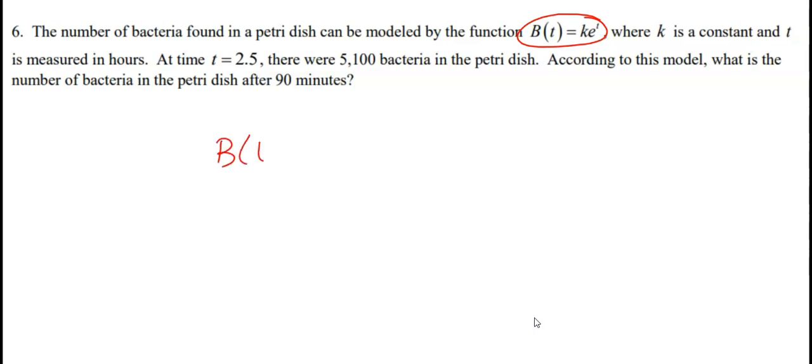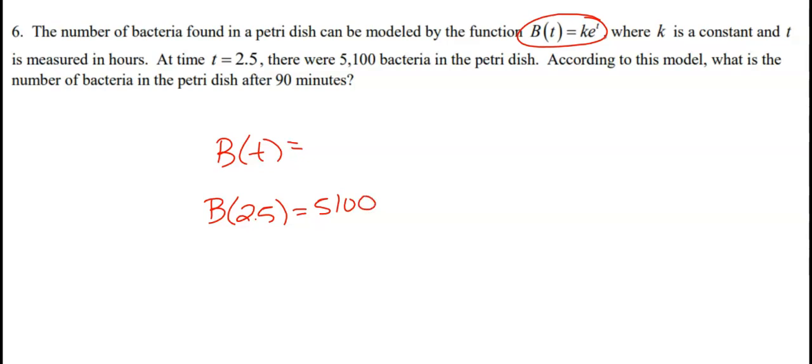So we're going to do b of t equals our starting value, which we don't have yet. So actually what we're going to have to do is use what we do have. We do have the amount of bacteria at time equals 2.5, and that is 5,100 bacteria. Okay.